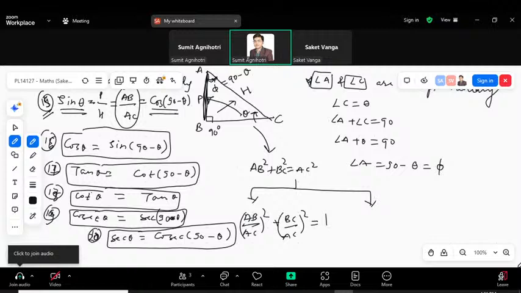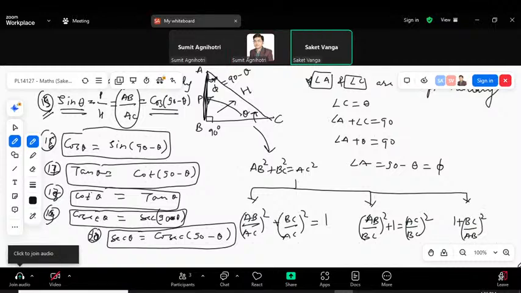Then I will ask you to divide by BC square. Then I will ask you to divide by AB square. Because we are doing this everywhere to each term, it's okay, no problem in mathematics. We can do such division to each term, both sides, that's fine.